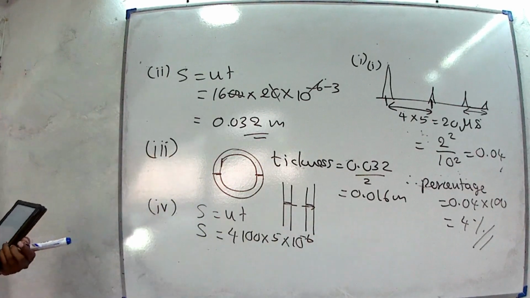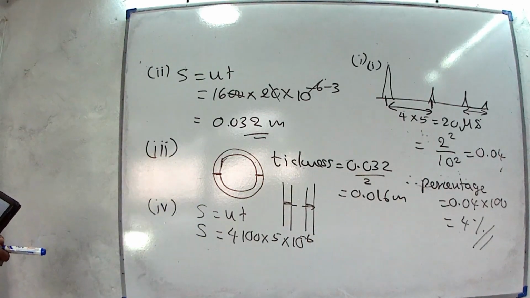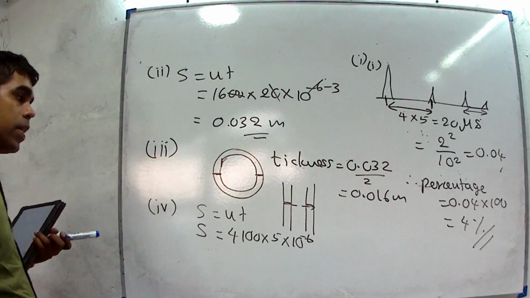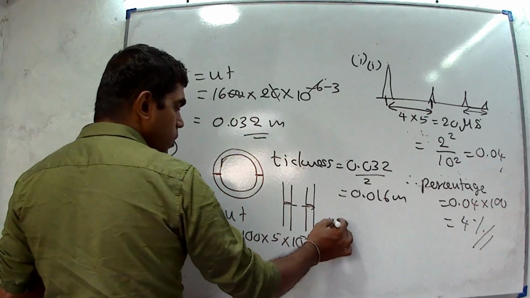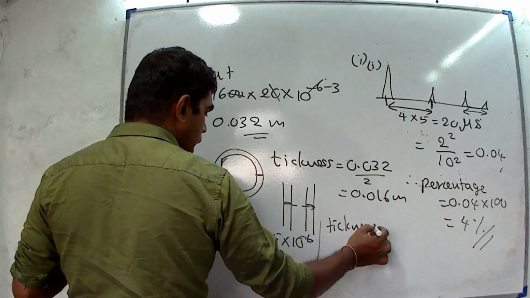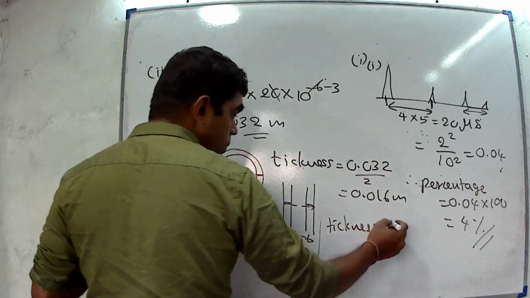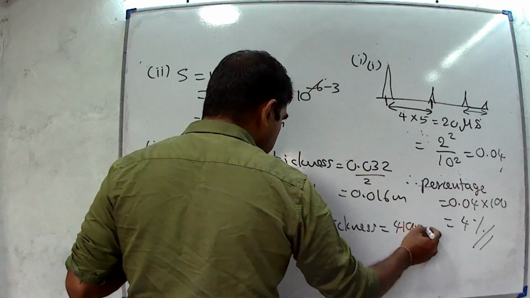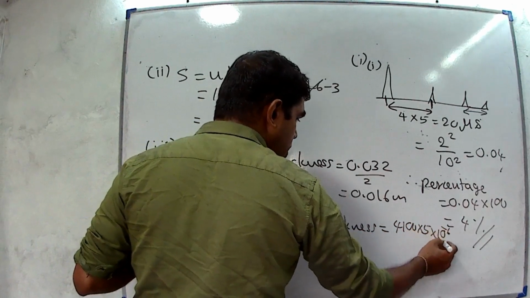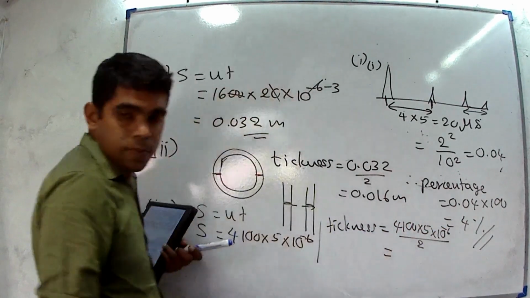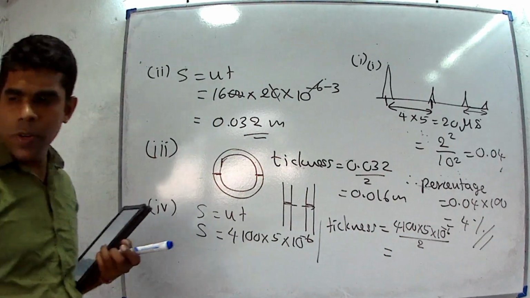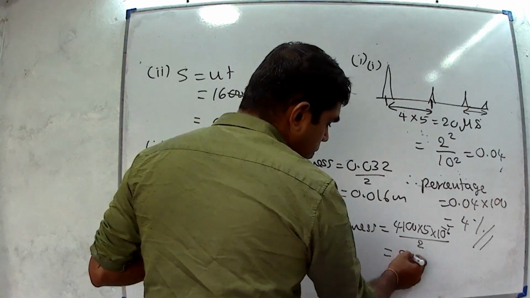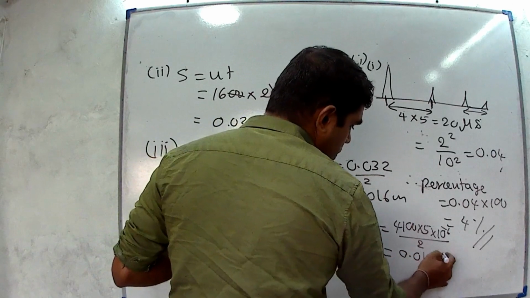We have to consider that the time taken to pass the cavity is negligible. Therefore, for the thickness of the bone, we have to divide this value by 2. 4100 into 5 into 10 to the power minus 6 divided by 2. Then the answer is 0.0103 meters.